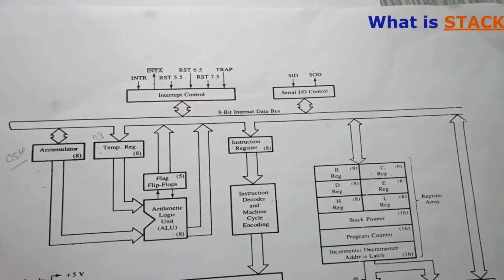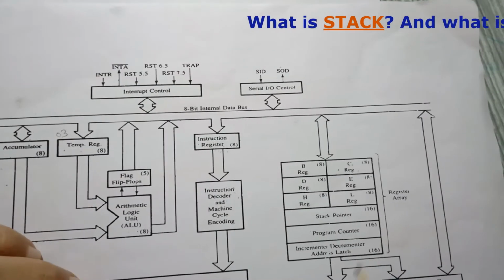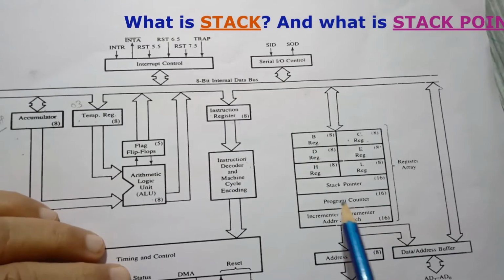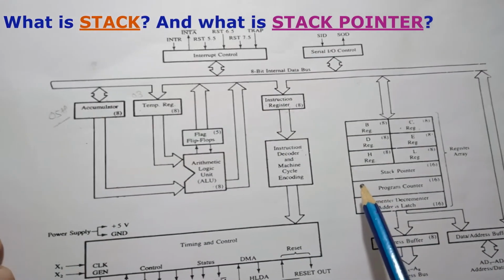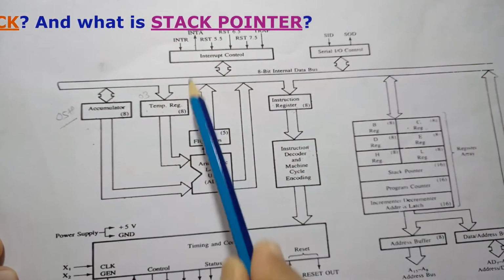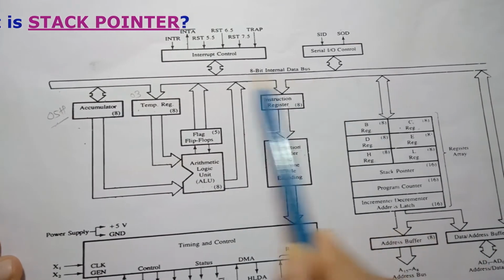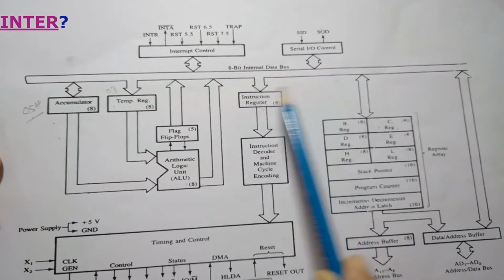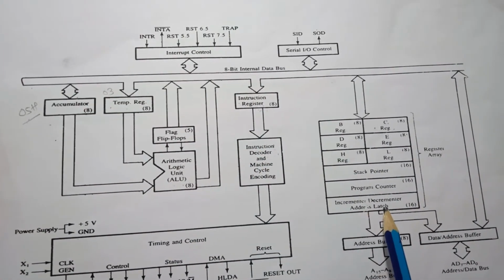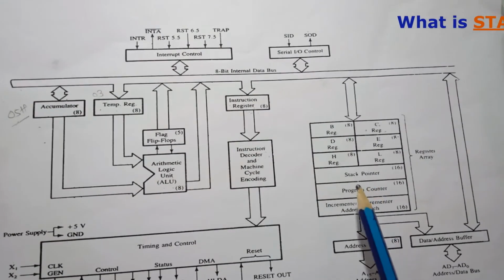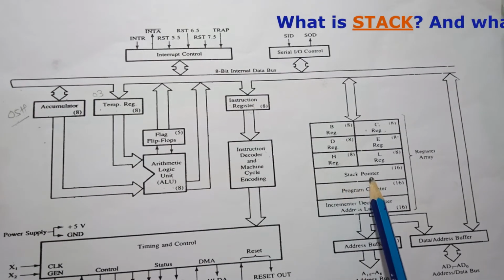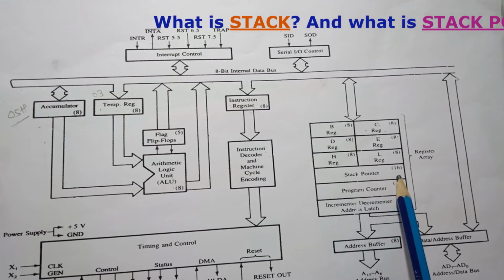Let us consider one important 16-bit register of microprocessor 8085. We have studied the internal architecture of the 8085 microprocessor, and there we have seen a stack pointer, that is a 16-bit register.